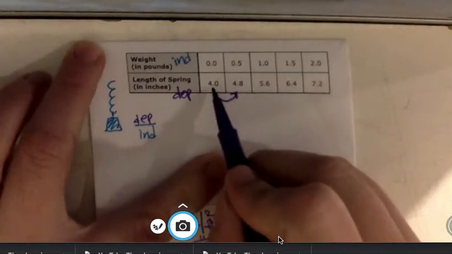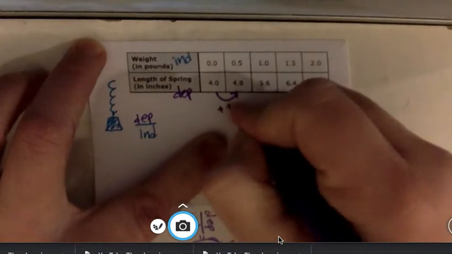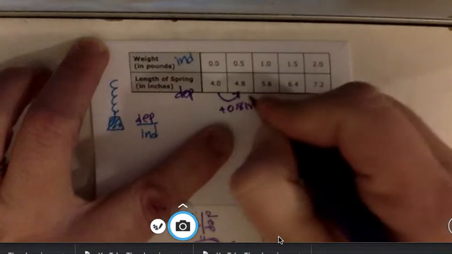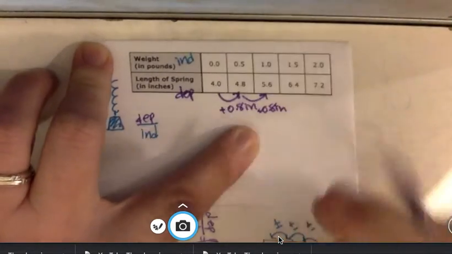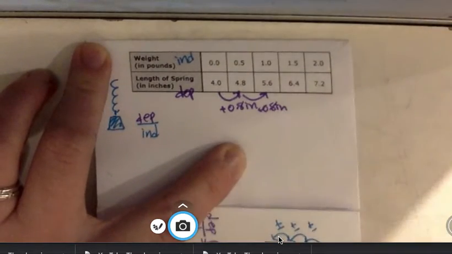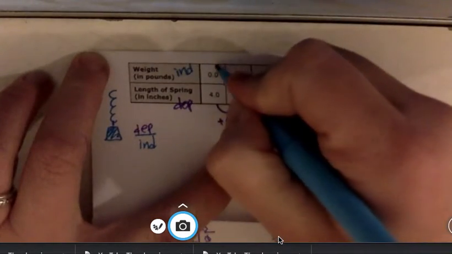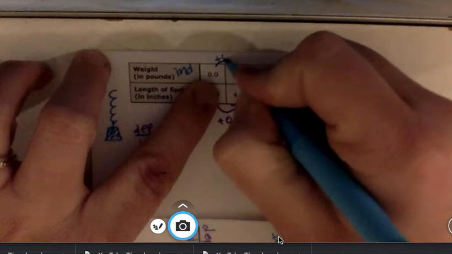So now let's put some numbers to this. It looks like the length of the spring is increasing by 0.8 inches each time. We can do that over and over and over. And it looks like my weight in pounds is increasing by 1/2.